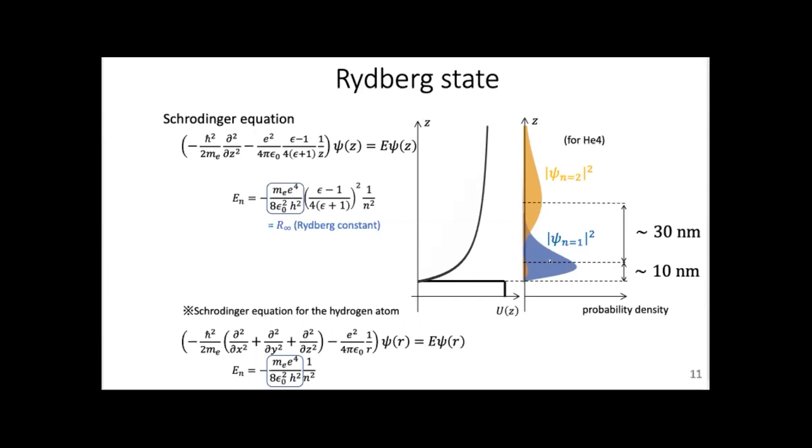Here in this figure, I plotted the probability density of the wave functions. The blue curve is the probability density of the Rydberg ground state, and the average position of the Rydberg ground state is 10 nanometers away from the surface of liquid helium, and the orange curve is the probability density of the Rydberg first excited state, and the average position of the Rydberg first excited state is 13 nanometers away from the Rydberg ground state.